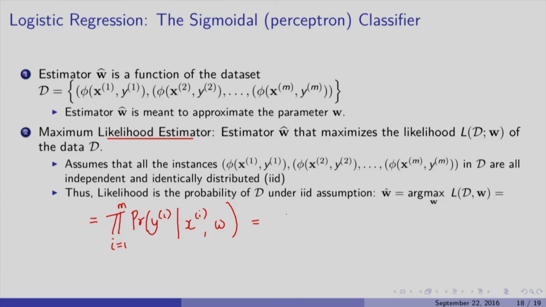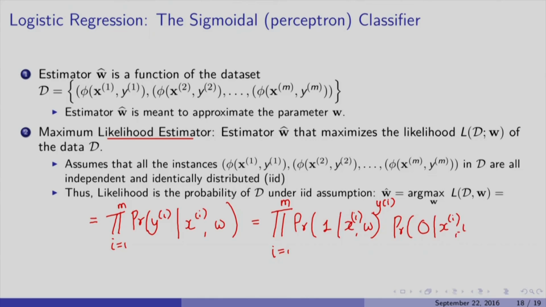Now yi could be 0 or yi could be 1, so one could look at the probability of getting a 1 given xi comma w, but this should be instantiated if yi is 1, so I just exponentiate this with yi. On the other hand, it could also be the probability of 0 given xi and w.